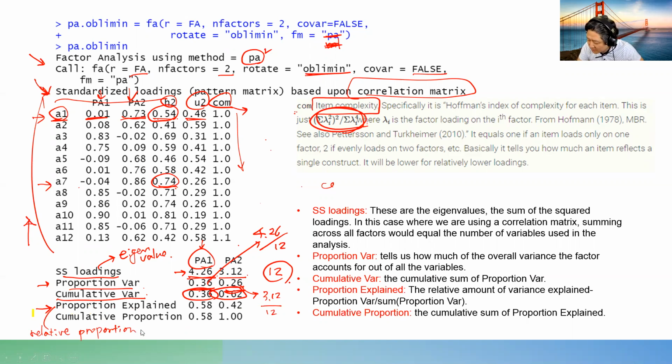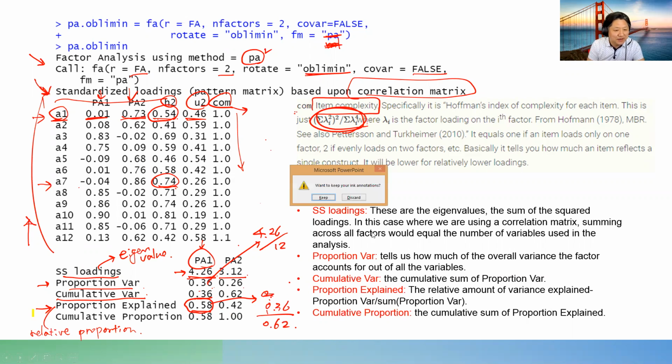What that means is, how can we get the 0.58? This should be 0.36 divided by 0.62. So let me check.